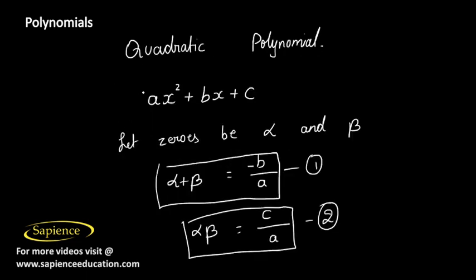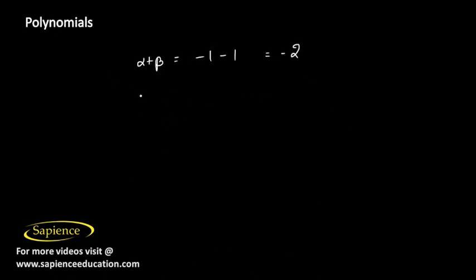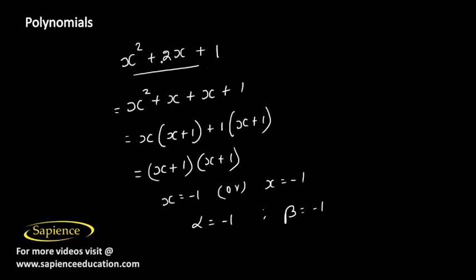So we can check alpha plus beta, which is minus 1 plus minus 1, which is equal to minus 2. And the relation says alpha plus beta should be equal to minus b by a, or minus coefficient of x by coefficient of x square. So minus b by a in this polynomial will be minus of b, which is 2, divided by a, which is 1 here.